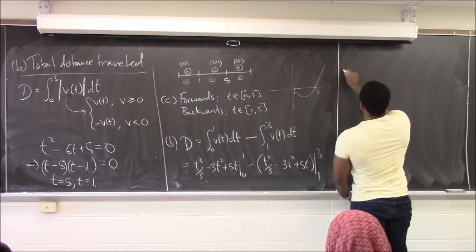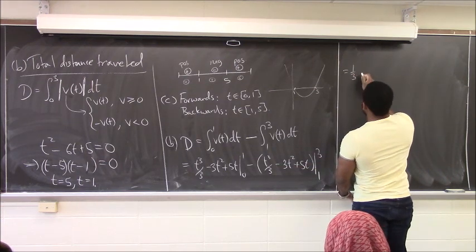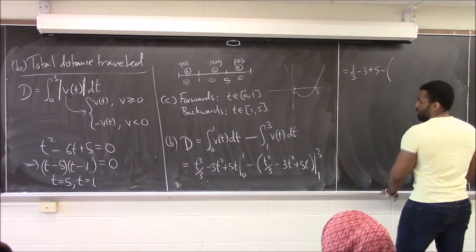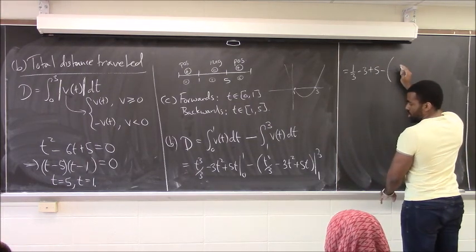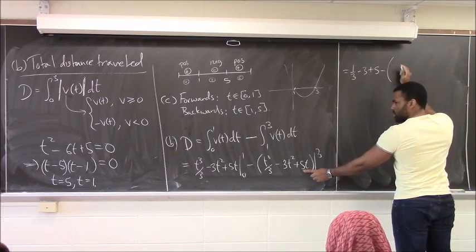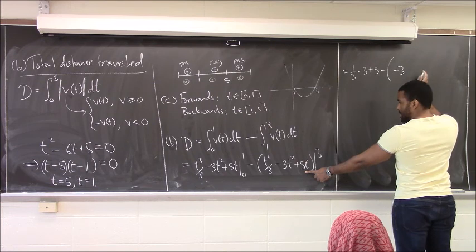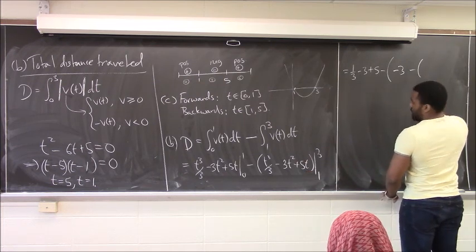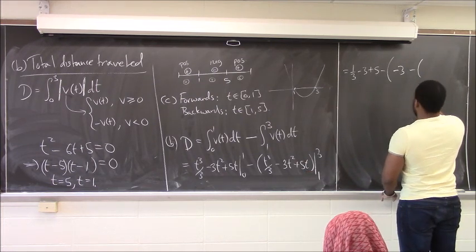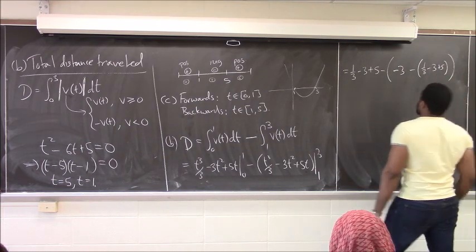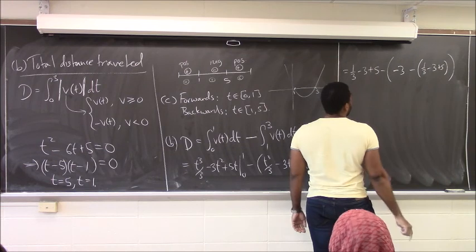So if I plug in 1, I would get a third minus 3 plus 5, minus, if I plug in 3, we actually computed what this was already. That was minus 3, as I recall. And then minus what I get when I plug in 1, which is going to be the same thing, 1/3 minus 3 plus 5. So that's ultimately going to be what it looks like.